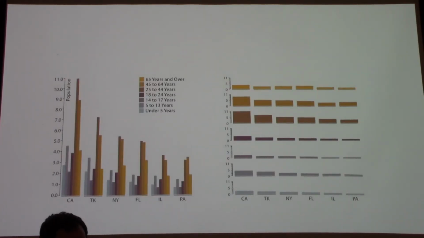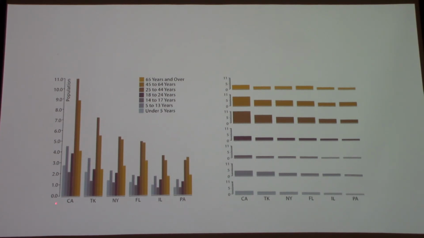Here is a population comparison, so we have different states. And in this case, we have these categories, like the binned ages, so we are under 5 years, 5 to 13 years, and so on. And here they are split by state, and they are split by the age bins.